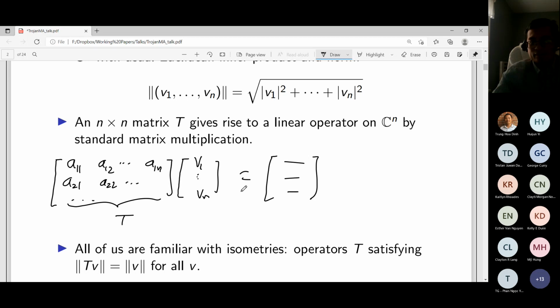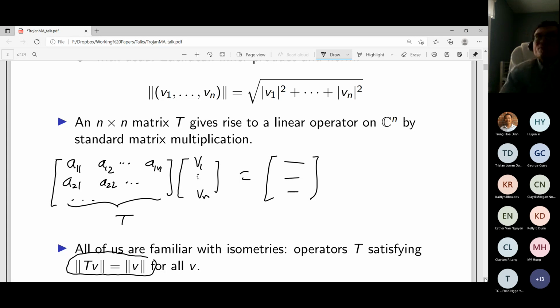All of us are familiar with the notion of isometries. Those are linear operators that preserve the norm, preserve the length. The length of the image is the same as the length of the input or the original vector v.